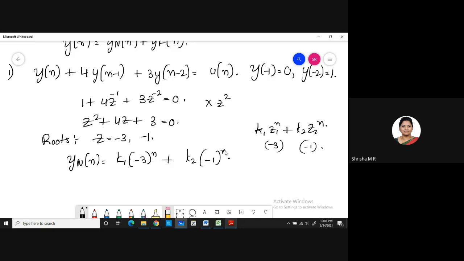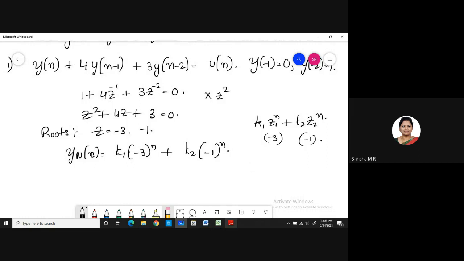They have given the initial conditions y of minus 1 is 0 and y of minus 2 is 1. In this yn of n, substitute n equal to minus 1. In the previous differential equation we put t equal to 0; here you have to put n equal to minus 1 and n equal to minus 2. So yn of minus 1 is k1 into minus 3 to the power of minus 1 plus k2 into minus 1 to the power of minus 1.